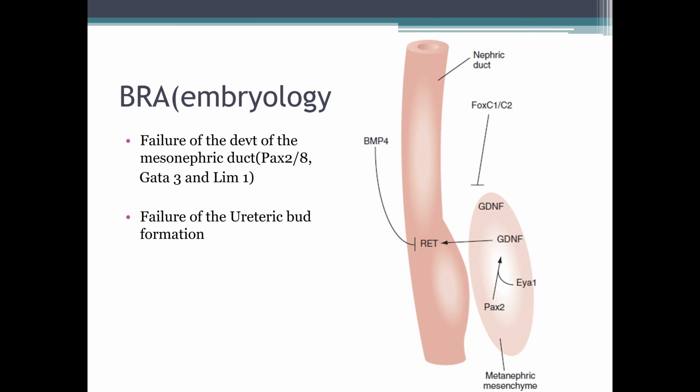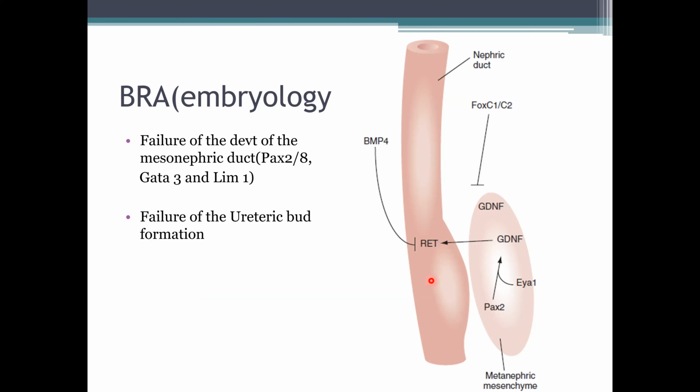Now, this diagram that you see, let me just pick my... So this diagram you see, this is the mesonephric duct, okay? And this is the metanephric mesenchyme, this round, this oval thing.